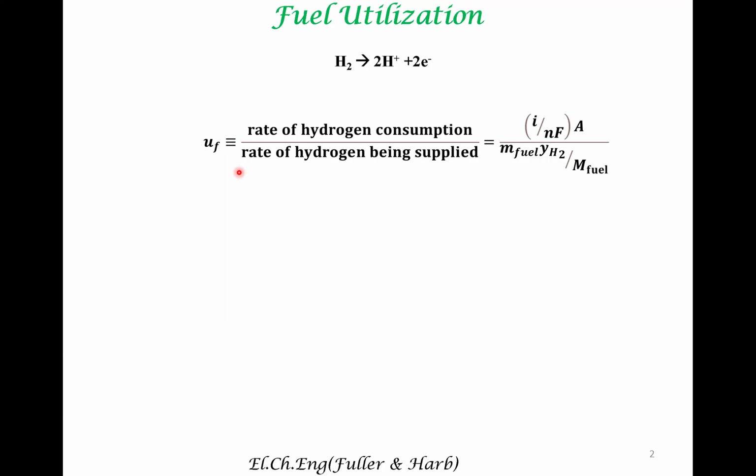In contrast to the oxidant stream, where the unused oxidant can be let out in the ambient air, this is less desirable in the case of a fuel stream. And in addition, hydrogen is expensive. You would want to utilize it more.